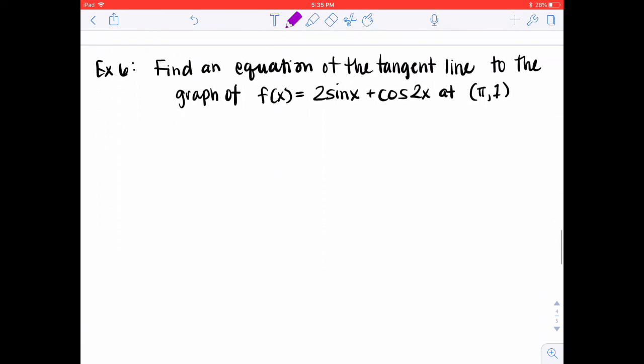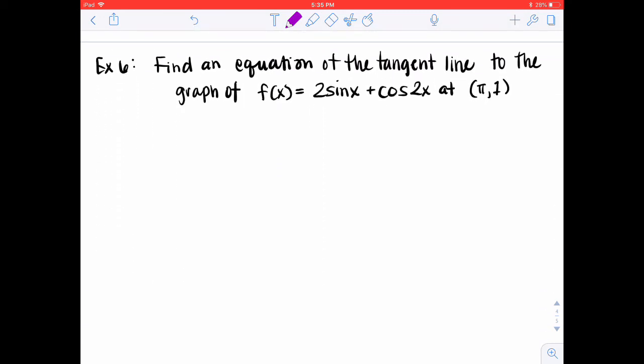Okay, let's do our last example, and we're going to find an equation of the tangent line to the graph of f of x equals 2 sine x plus cosine 2x at pi, 1. So the first thing we got to do is, whenever it says find the equation of the tangent line, you want to take the derivative. So the derivative of 2 sine x is just 2 cosine x.